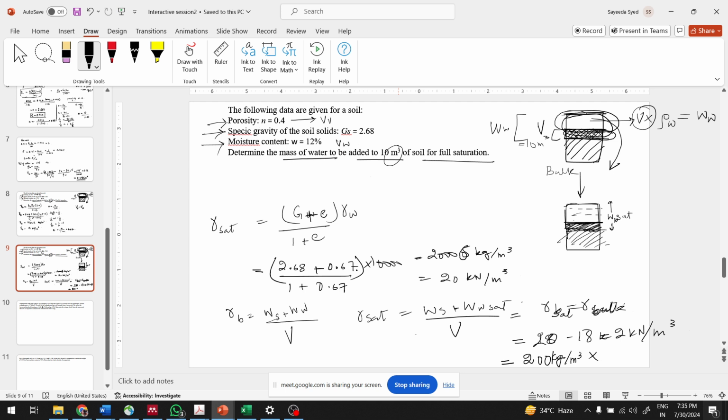We multiply this by the volume we are given, and we will get the weight. So weight of water required will be 2 kilonewton per meter cube into 10 meter cube, which will be 20 kilonewton, which is basically 2000 kg.